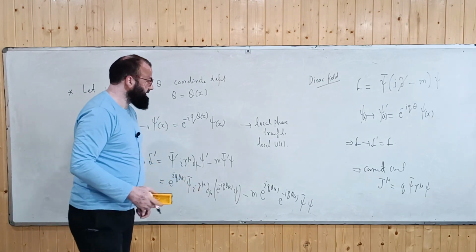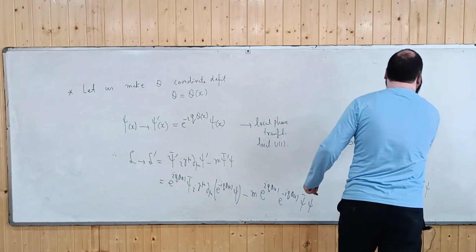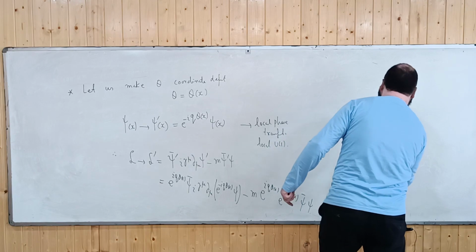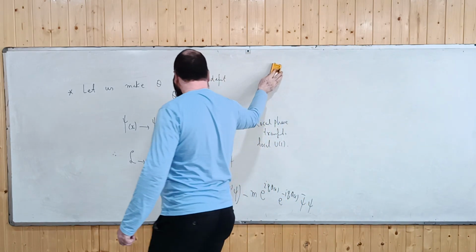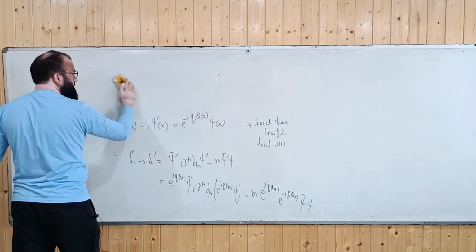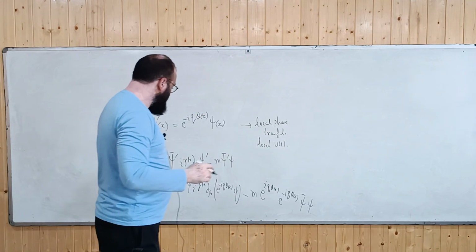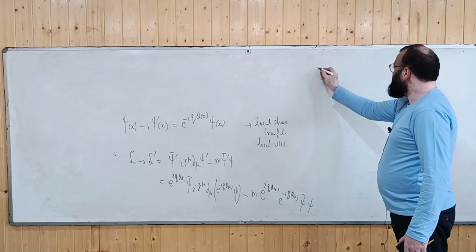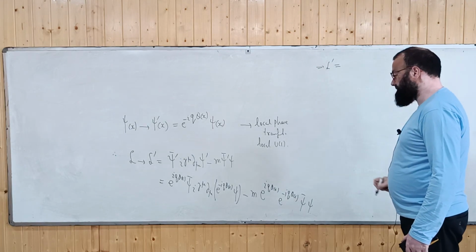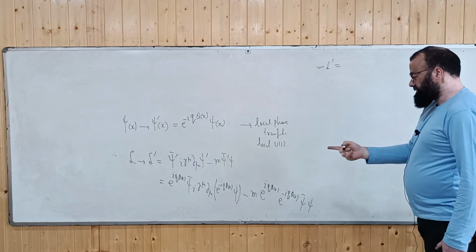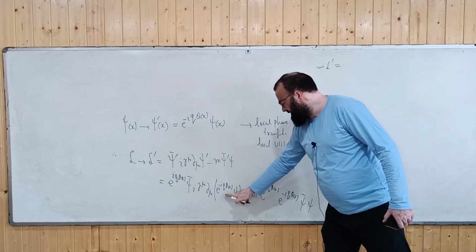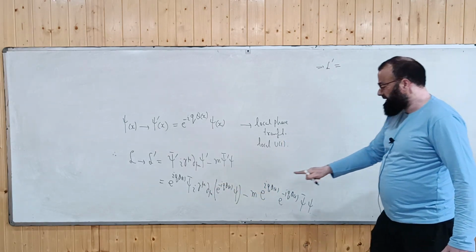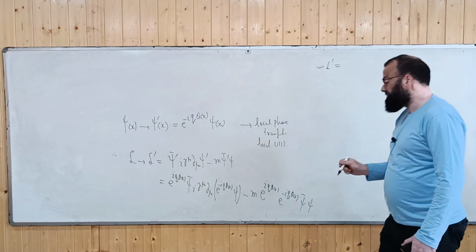Okay, so now let's take the derivative here. So what do you get? Just tell me. Which implies L prime is equal to, okay, the first term: you take the derivative on this thing and keep this out, so this exponential and this exponential will make 1.